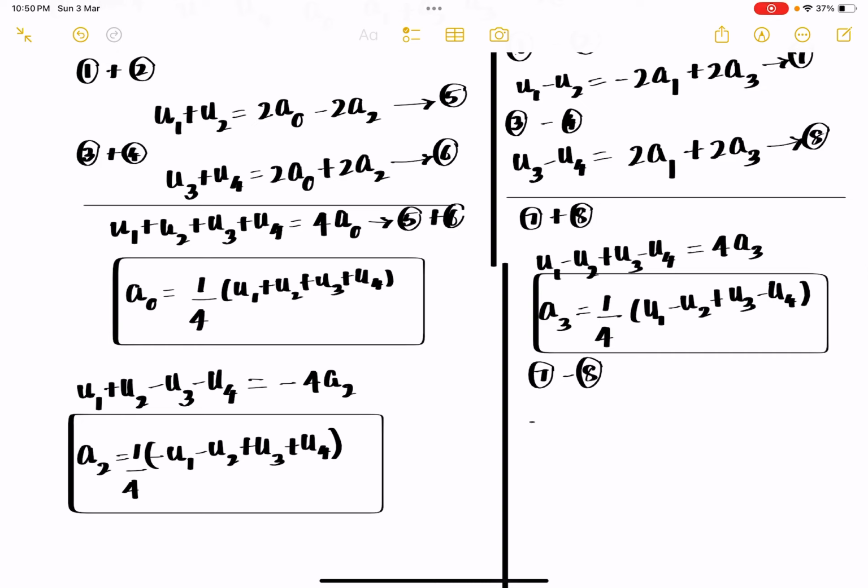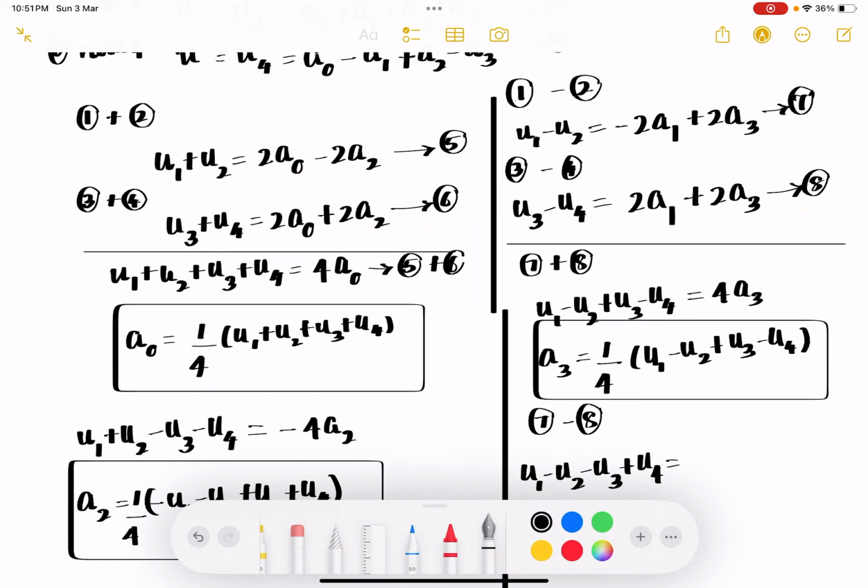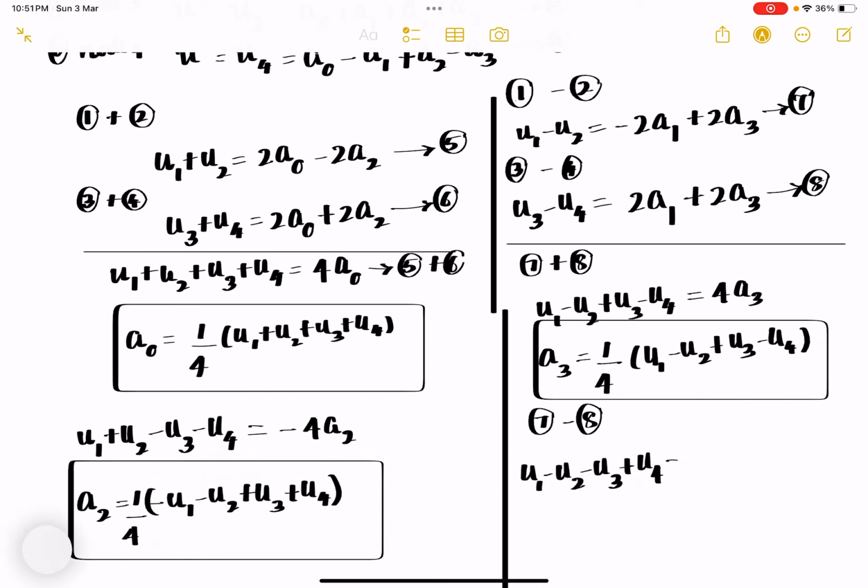I get U1 minus U2 minus U3 plus U4 on the left side, and on the right side I get minus 4A1.